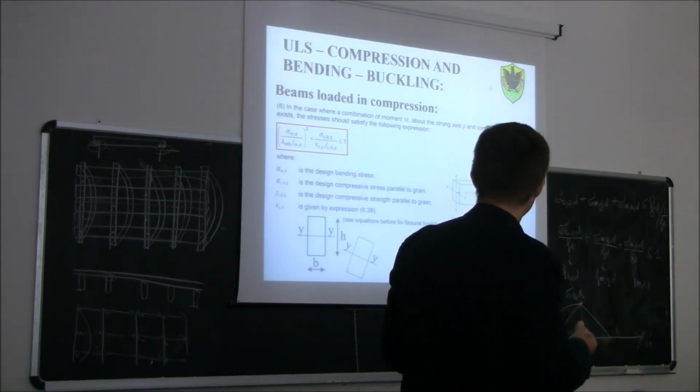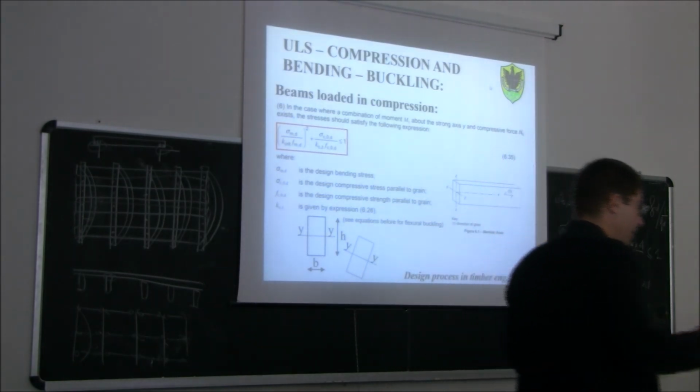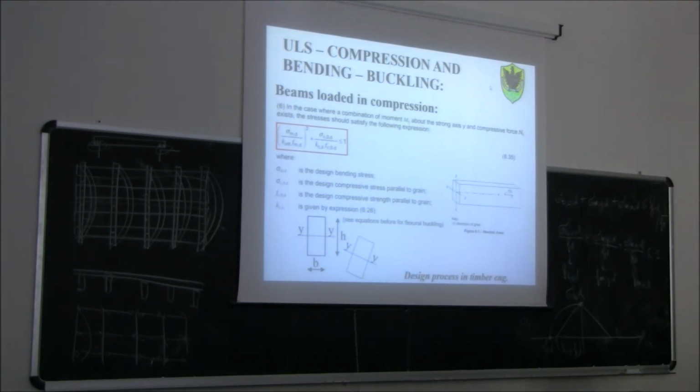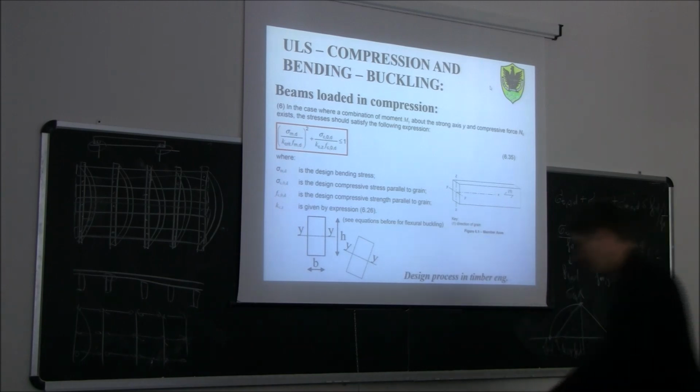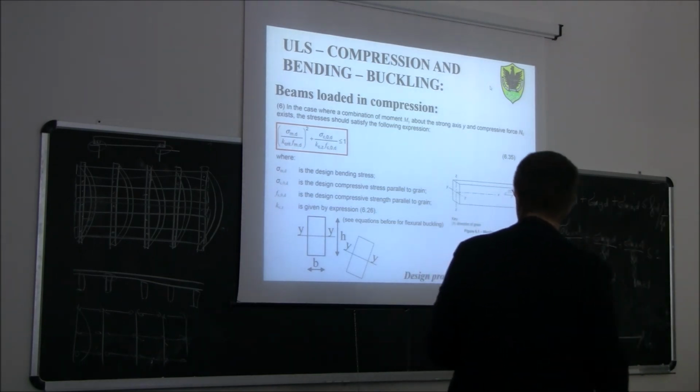In this case, we may have together the flexural and lateral torsional buckling, because we have significant bending, and also we can have flexural buckling. How do we account for this? With this interaction formula here.